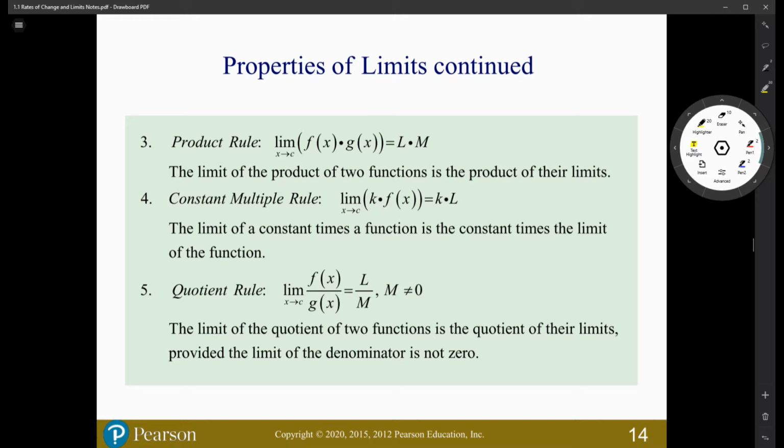Nice. Constant multiple rule. The limit as x approaches c for some constant k times our function is equal to some constant k times whatever that limit was that was known. So that's good again. And the quotient rule. The limit as x approaches c of a quotient of a function over another is again the quotient of their limits, as long as that denominator is not 0.